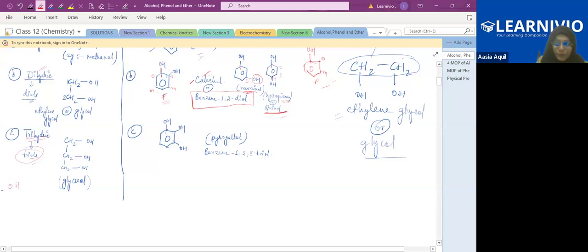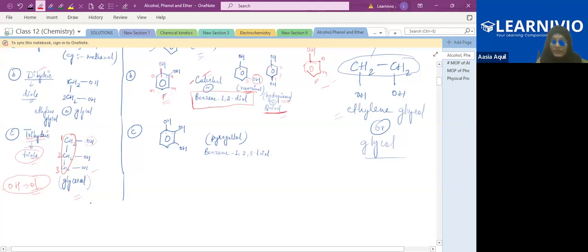What do we use for the OH group? We just use the suffix ol. So there are three hydroxyl groups, so we call it a triol. This is the aliphatic system. You can see a 3 carbon chain, and to all the carbons a hydroxyl group is attached: first hydroxyl group, second hydroxyl group, third hydroxyl group. When there's a 3 carbon chain and each carbon has one hydroxyl group attached, this compound is known as glycerol.